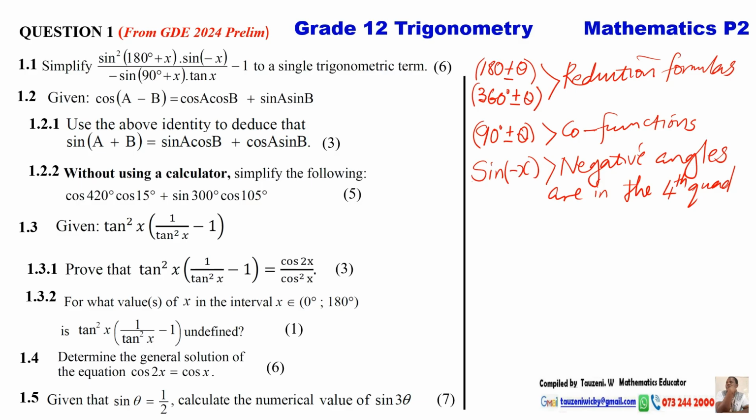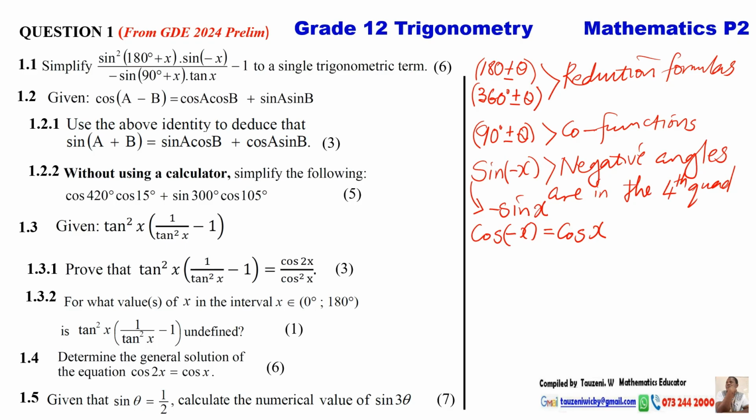So this one here will become a negative of sine x because in the fourth quadrant, sine is negative. If this was cos, the cos of negative x, the negative becomes positive because in the fourth quadrant, cos is positive. So in one question, I'm tested on reduction formula, on co-function, and also on negative angles.